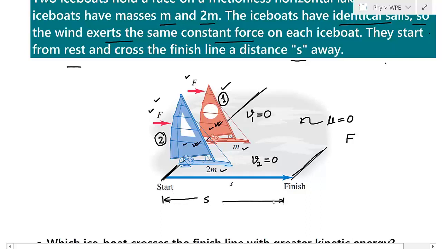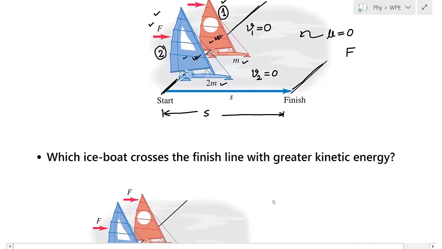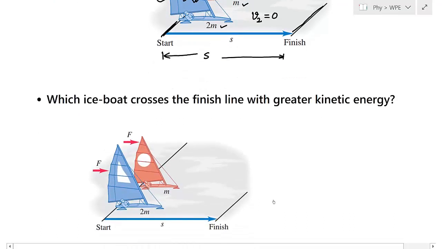The question is, which ice boat crosses the finish line with greater kinetic energy? Will kinetic energy 1 be greater or will kinetic energy 2 be greater? KE denotes kinetic energy, and 1 and 2 denote ice boat 1 and ice boat 2.